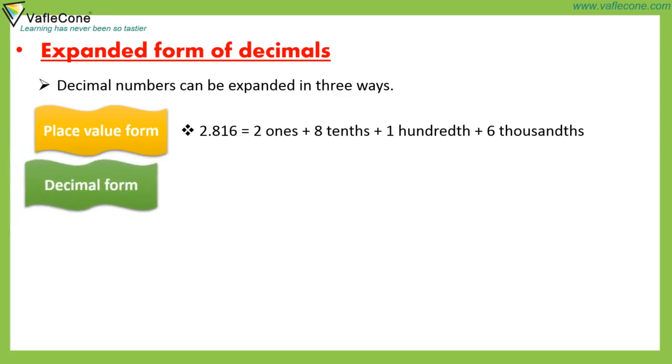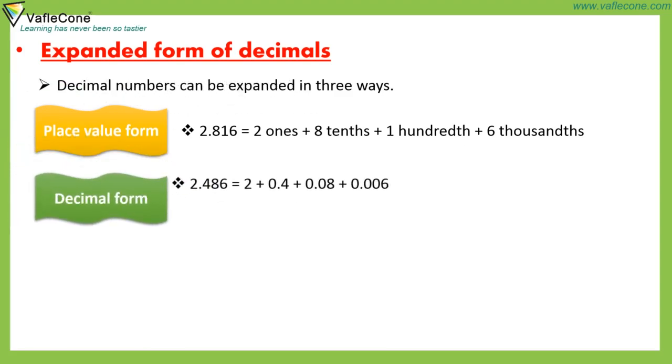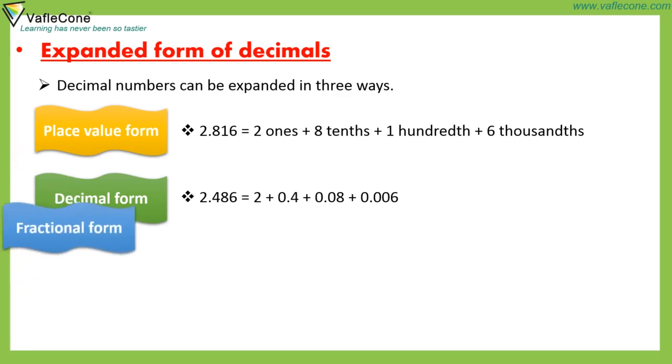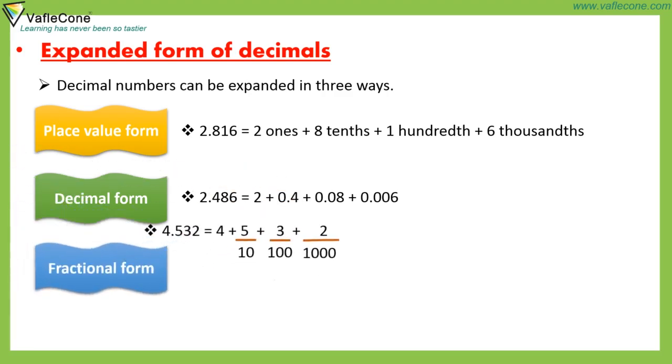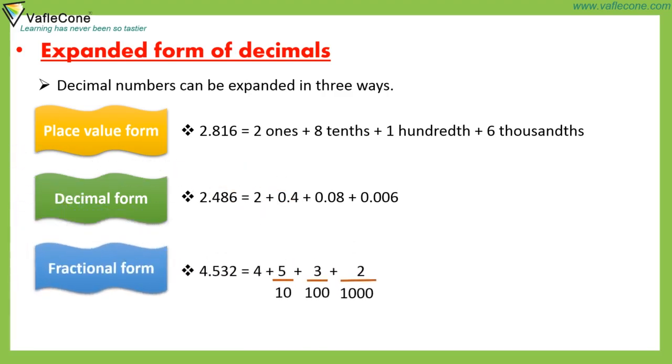Decimal form. 2.486 is equal to 2 plus 0.4 plus 0.08 plus 0.006. Fractional form. 4.532 is equal to 4 plus 5 by 10 plus 3 by 100 plus 2 by 1000.